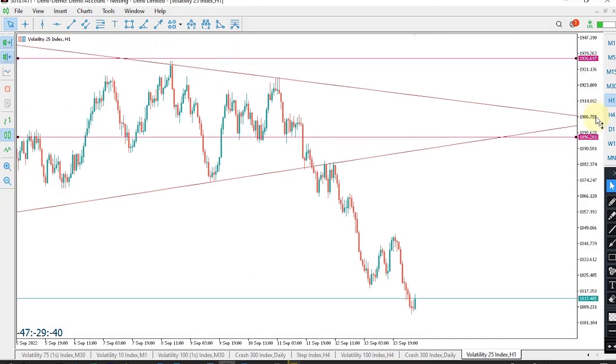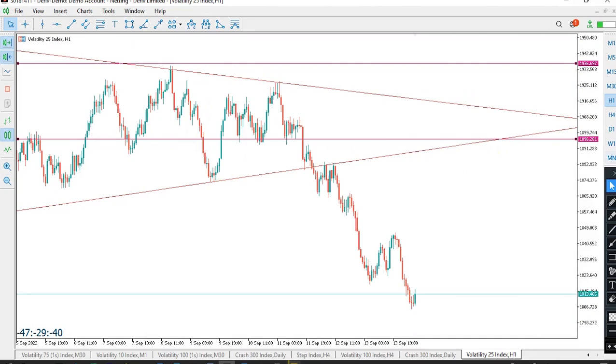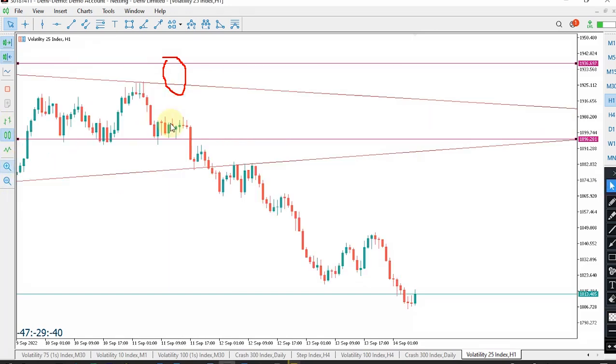What can we see here? You saw a trigger candlestick here for us to sell. This is a bearish engulfing candlestick. And here we notice some rejections. You can see we have one rejection here.